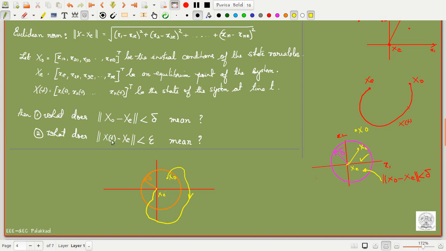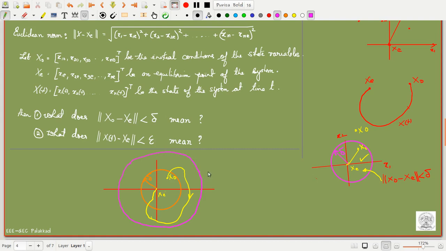So if I write the norm of x(t) minus xe less than epsilon, that means every time we are taking the distance between the point x(t) and xe. That means the curve should lie inside an epsilon ball. So I will draw an epsilon ball here, showing that x(t) is lying inside this epsilon ball.